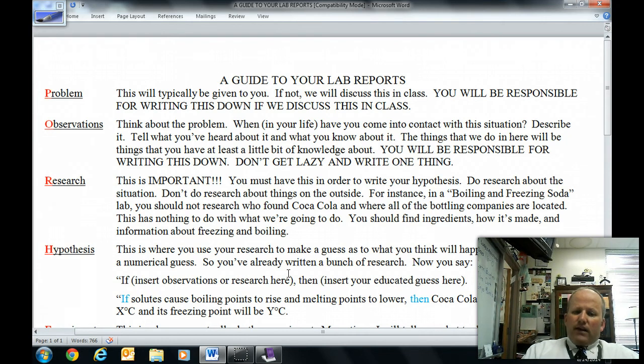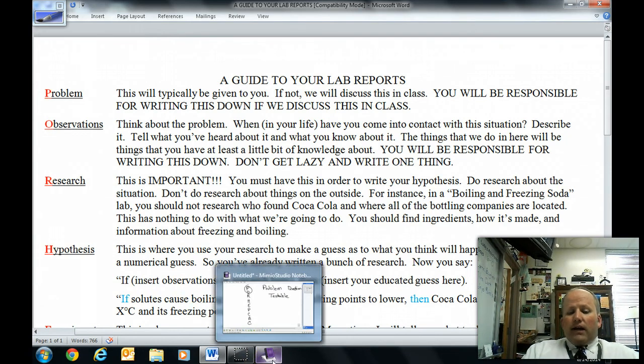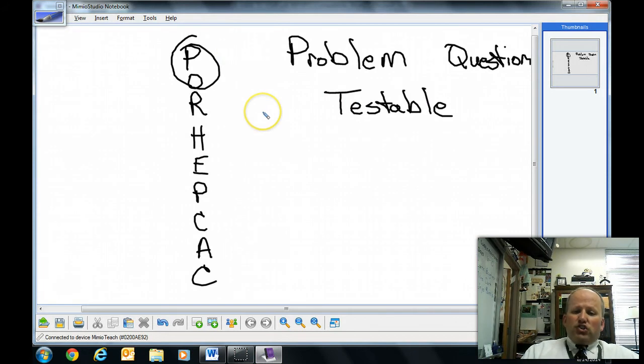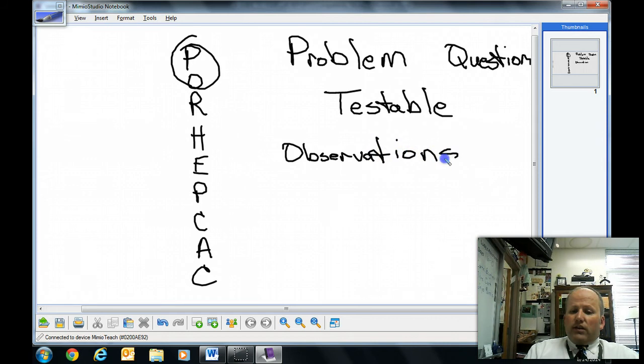So with observations, I always like to break observations into 2 parts. You don't have to do both, but observations can basically be broken down to 2 things. The first is prior knowledge.